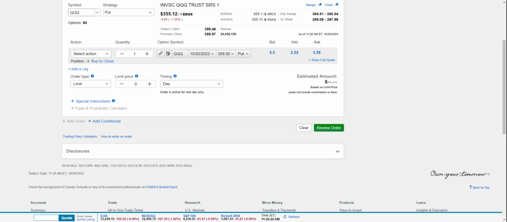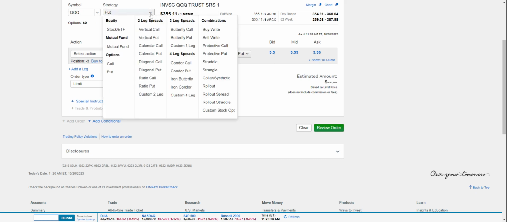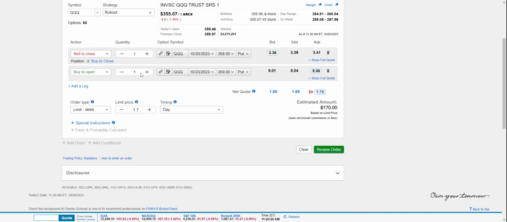Okay, look at the symbol, QQQ. It is a put, but we're going to look for the roll out choice. By default, when you have a position, it gives you the ability to be fast. So it defaults to the opposite of what you have.